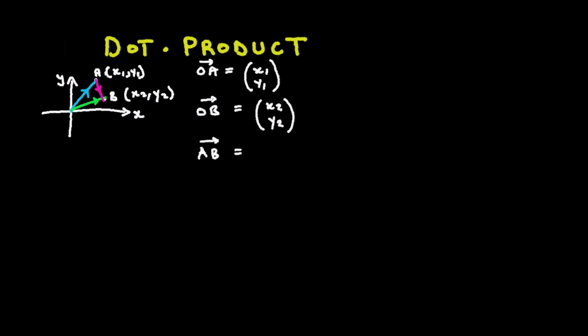What about AB, the displacement vector AB? How do we calculate AB? In our yesterday lesson, we wrote something down: following vectors are equal to opposing vector.